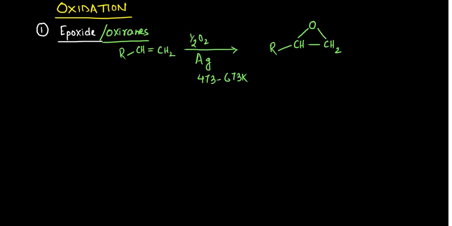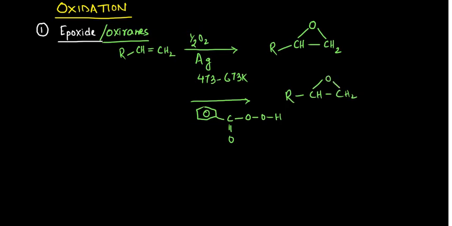The same reaction can also be carried out in presence of any peroxy acids. Peroxy acids means, you know, if there was COOH, it would have been a normal acid. But if there is COOOH, then it is not a normal acid. This is a peroxy acid. So when the peroxy acid adds to this, the same kind of compound is formed, exactly the same kind, like this.